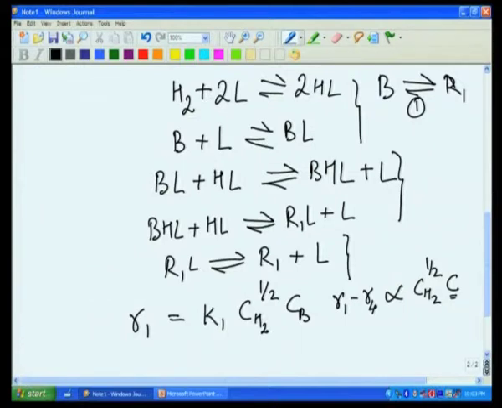Now, we can do the same thing for the second set of reactions, namely R1 now binding with L and eventually getting hydrogenated to the saturates.